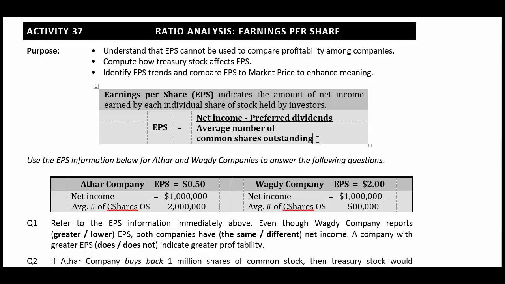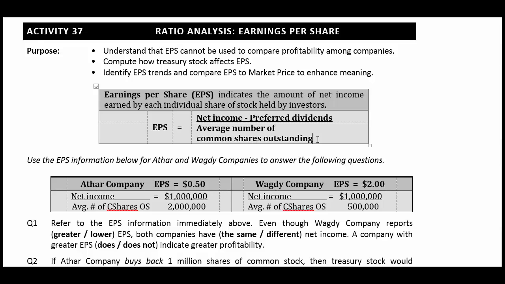Stockholders really like this because they can relate it to the stock price. So let's say the earnings per share is $5 a share, and I have 1,000 shares. Then my shares earned $5,000 in profit. So it's nice to know how profitable your shares are. Key formula, again, earnings per share.